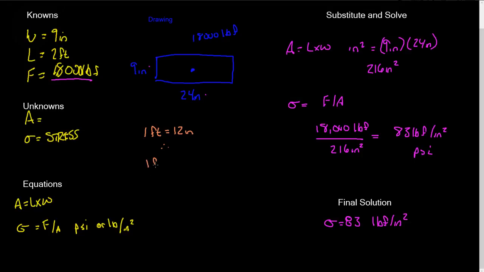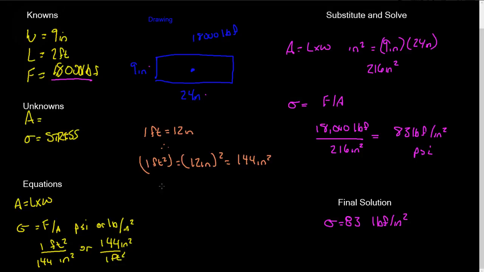Therefore, if I square both sides of the equation, 1 foot squared equals 12 inches squared, or 144 inches squared. From that, I can derive a new equation, and that equation is going to be a conversion factor to go from inches squared. So I'll write it like this: 144 inches squared per 1 foot squared. Or, conversely, depending on where I want to get rid of the unit.